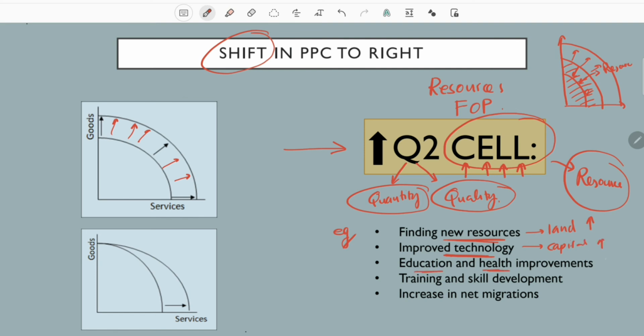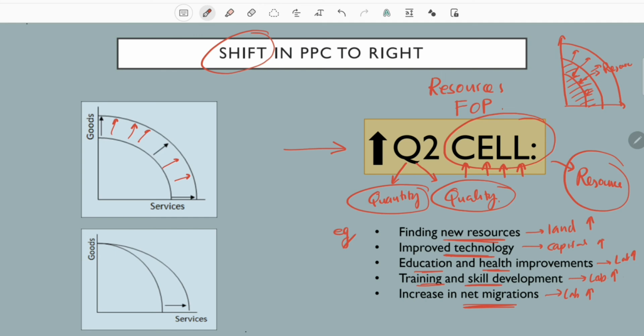Health and education could improve the labor force of the economy. Training and skill development also improve the labor force of the economy. And net migration means that more people are moving to our country, so we get more labor within the country. So that's also an increase in factor of production.